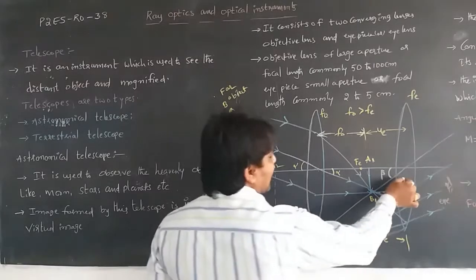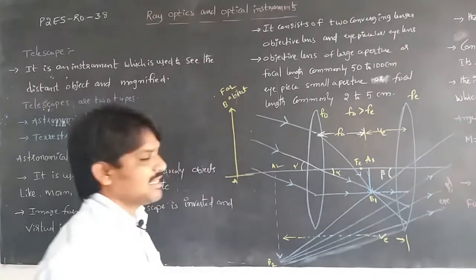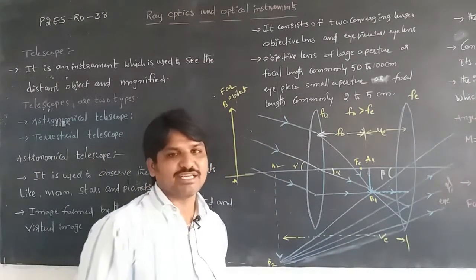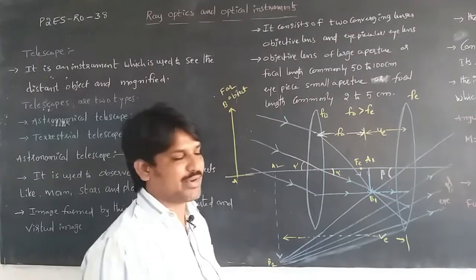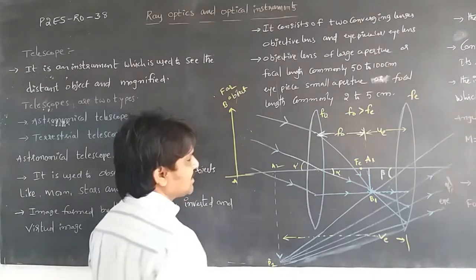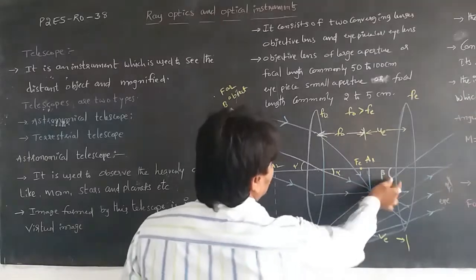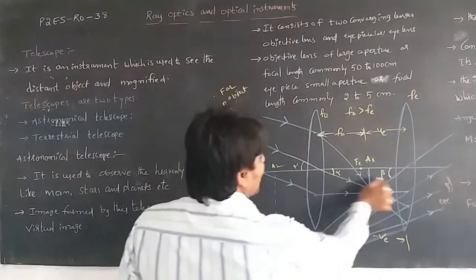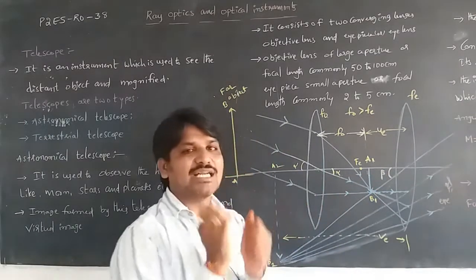The eyepiece side has a smaller focal length, or aperture, of 2 to 5 centimeters. It consists of two lenses, and these two are fitted in a cylindrical tube.